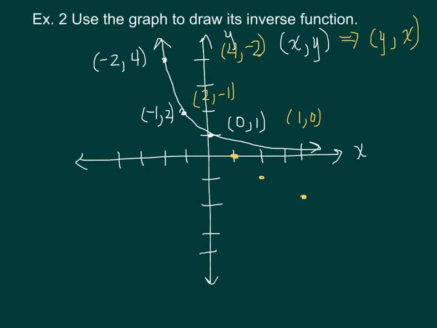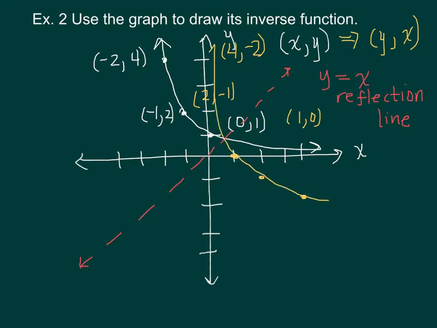Now, very important, when you draw the inverse, the mirror is the line y equals x. That's your reflection line. So when I draw this graph, that means everything has to reflect.